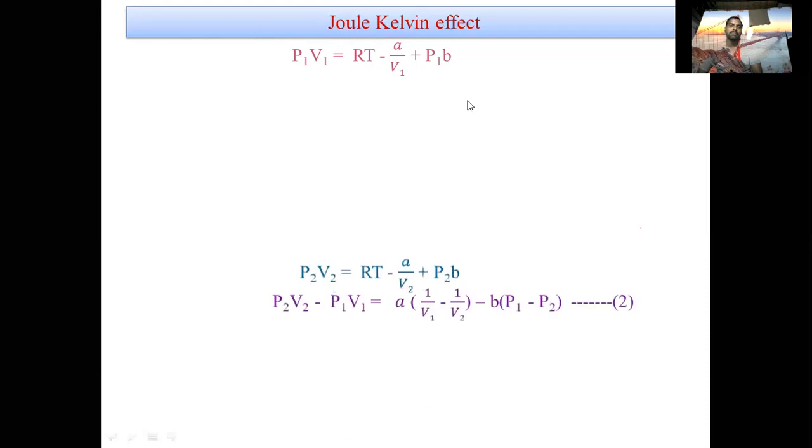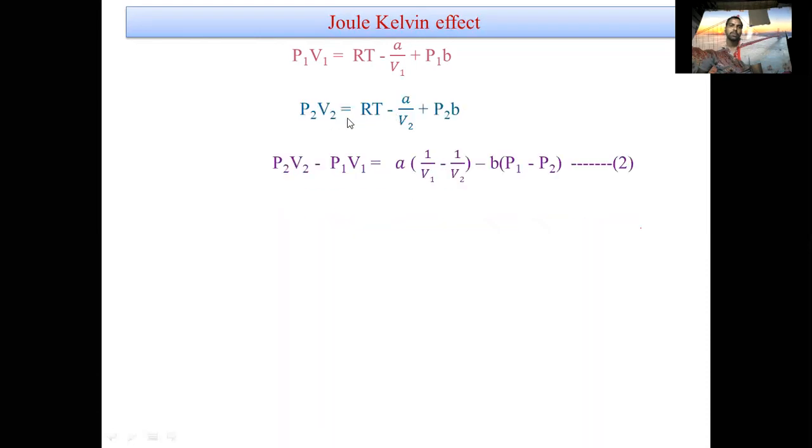Now P1V1 = RT − a/V1 + P1b. Again P2V2 = RT − a/V2 + P2b.